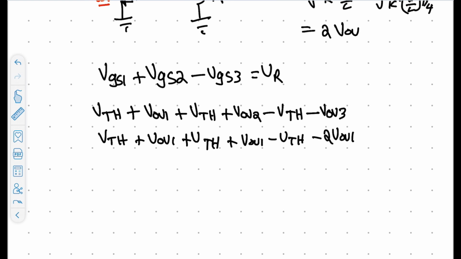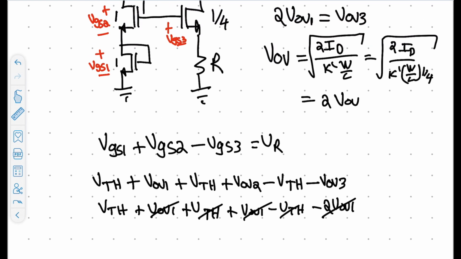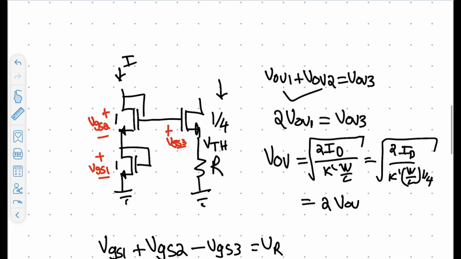And pretty much everything's going to start canceling out except for that first threshold term. So we have imposed the threshold voltage on R, and as a result we can define the output current as VTH divided by R.